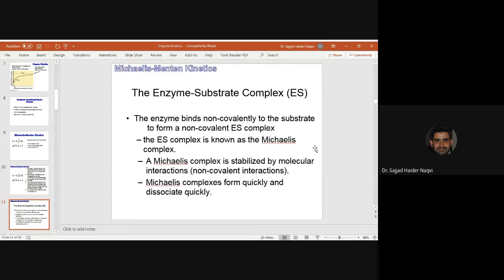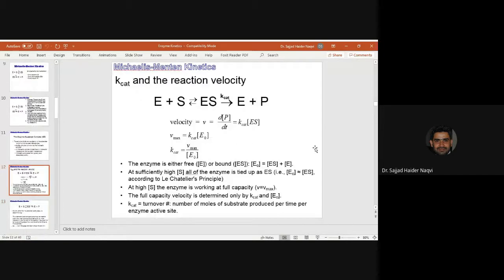That's the most important thing. The Michaelis complex forms quickly and also dissociates quickly. So I think this point is pretty much clear that formation and reformation of the free enzyme and substrate can occur. That's why we are saying that this is a reversible reaction.